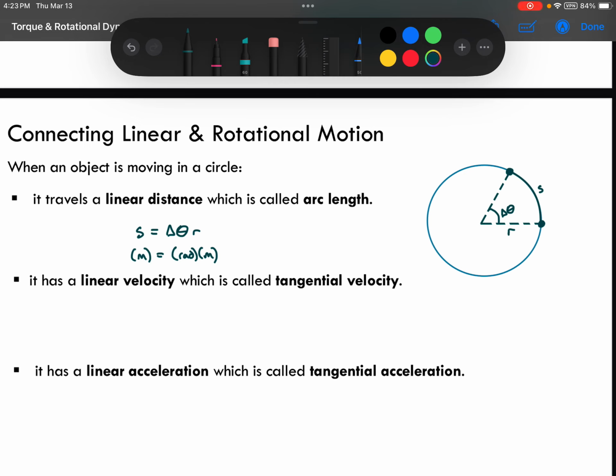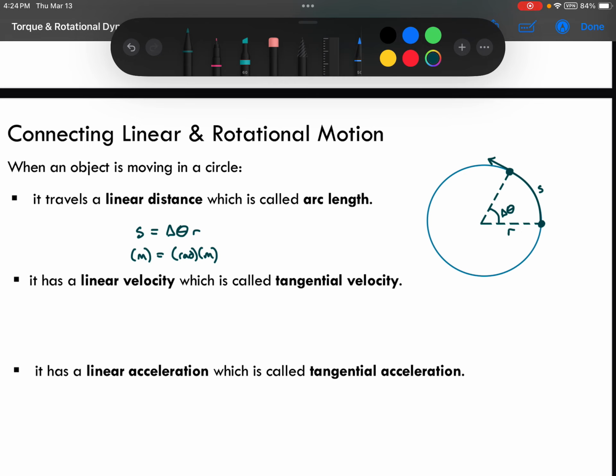All right, let's look at what's happening with our velocity. At a given moment, we know from our circular motion that the object is moving tangential to the curve.